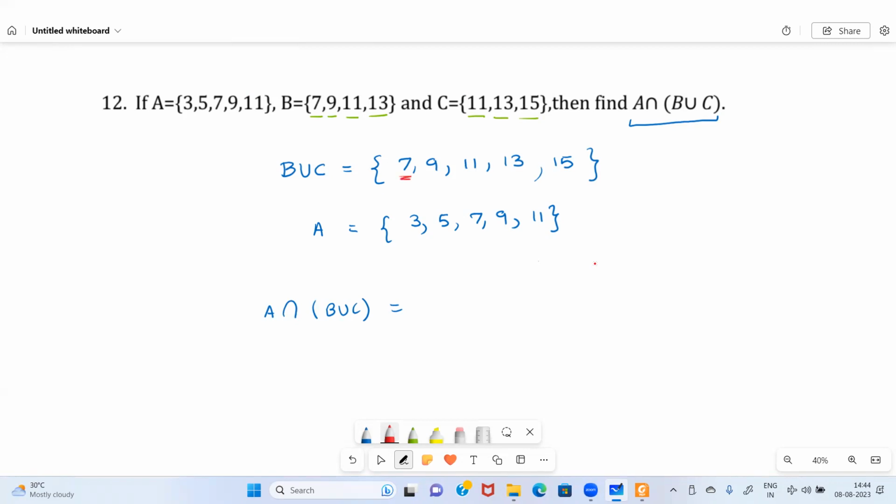There is 7 here, there is 7 here. There is a 9 here, there is a 9 here. There is 11 here, there is 11 here. The other elements are not common, right? Therefore, A intersection B union C is going to be simply 7, 9, 11. That's it, students. Very simple question. I'm sure you followed it and you are very clear with this. Okay, we will move on.